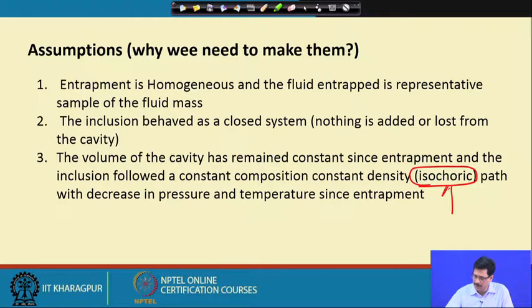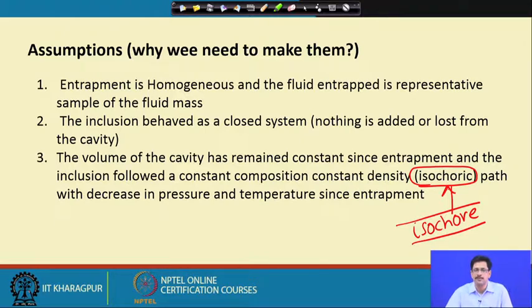Basically the word has come from isochoric. Isochore essentially means that the system has behaved such that the composition has remained unchanged and the volume of the cavity has remained unchanged, even though we know that this inclusion was trapped at a condition pretty different from where we sampled it.